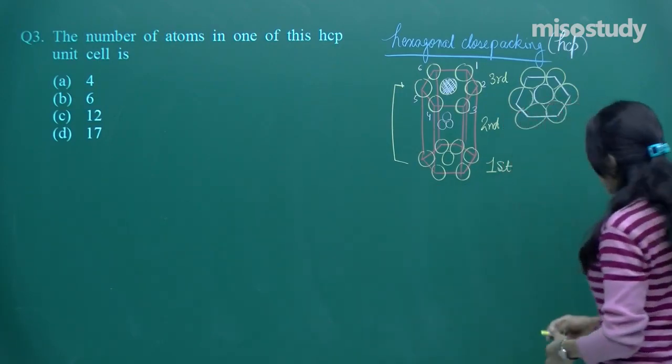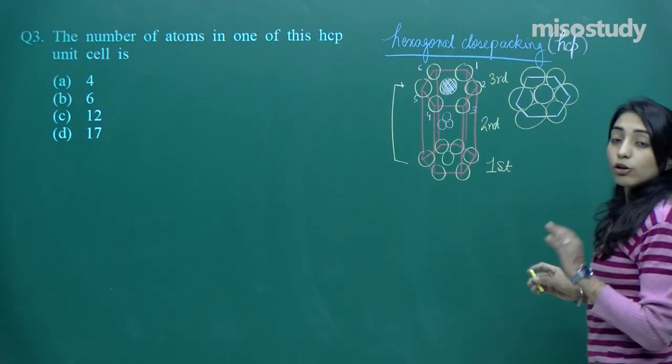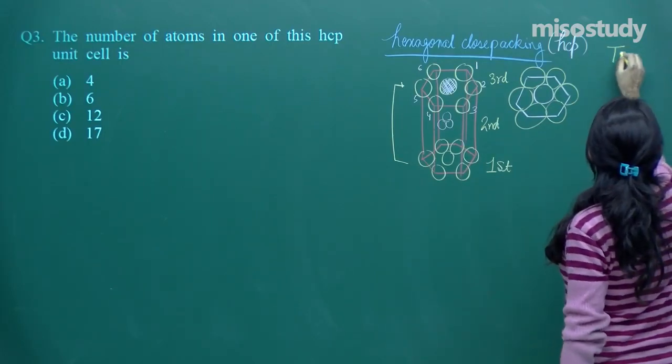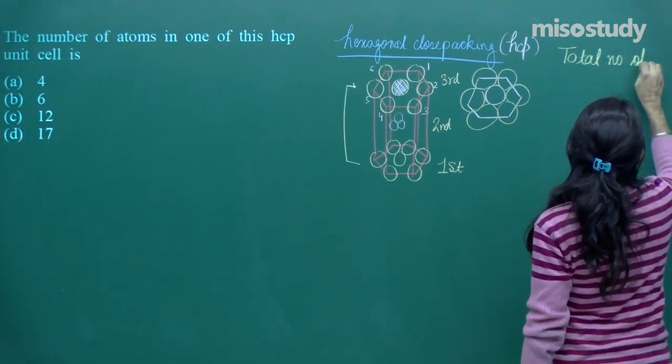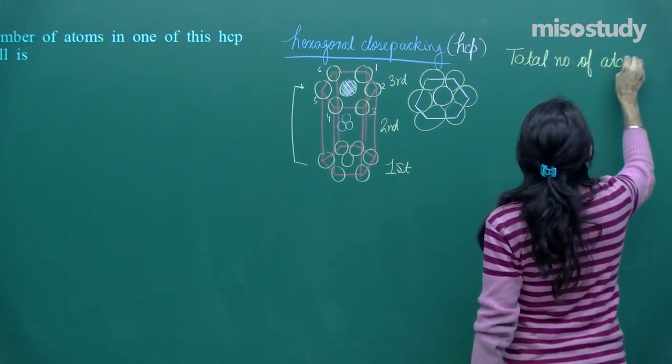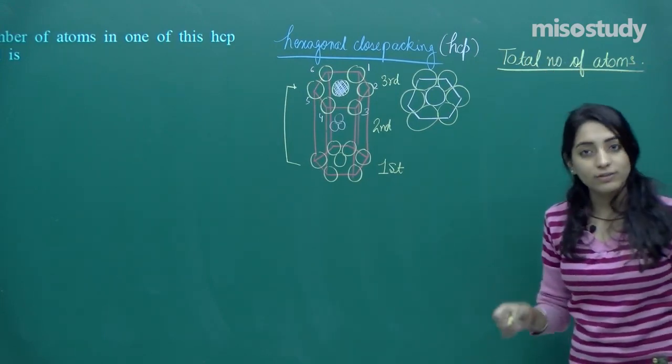See guys, how should I proceed with the question? We need to simply calculate the total number of atoms which are present in the hexagonal close packed structure.